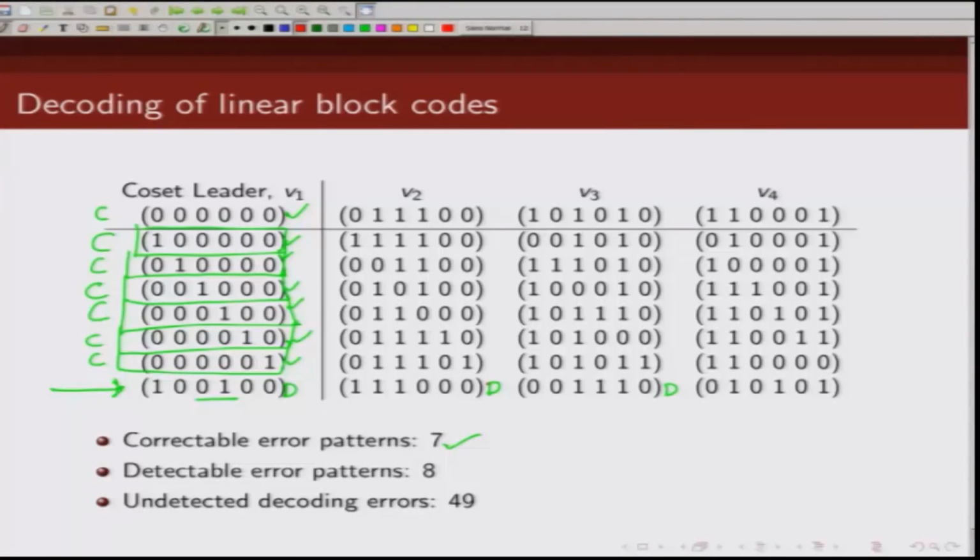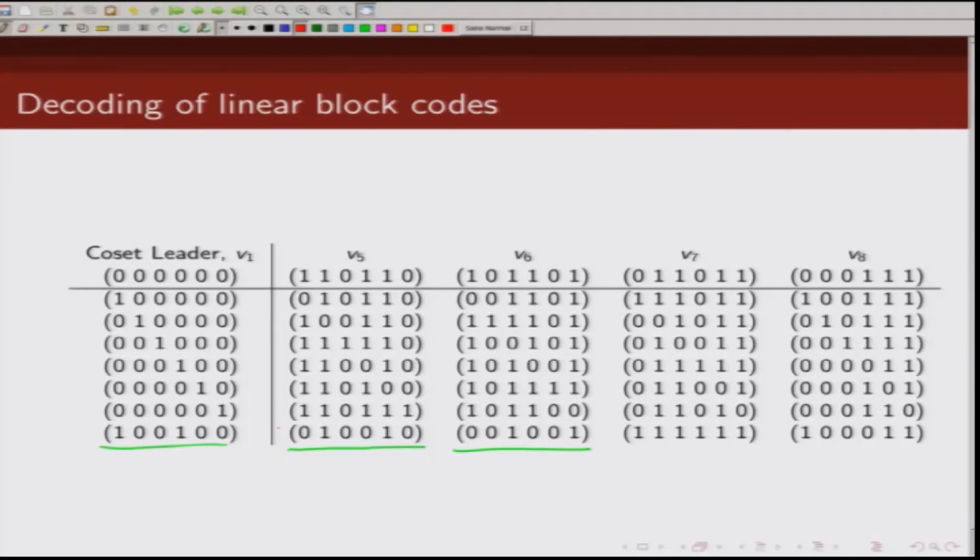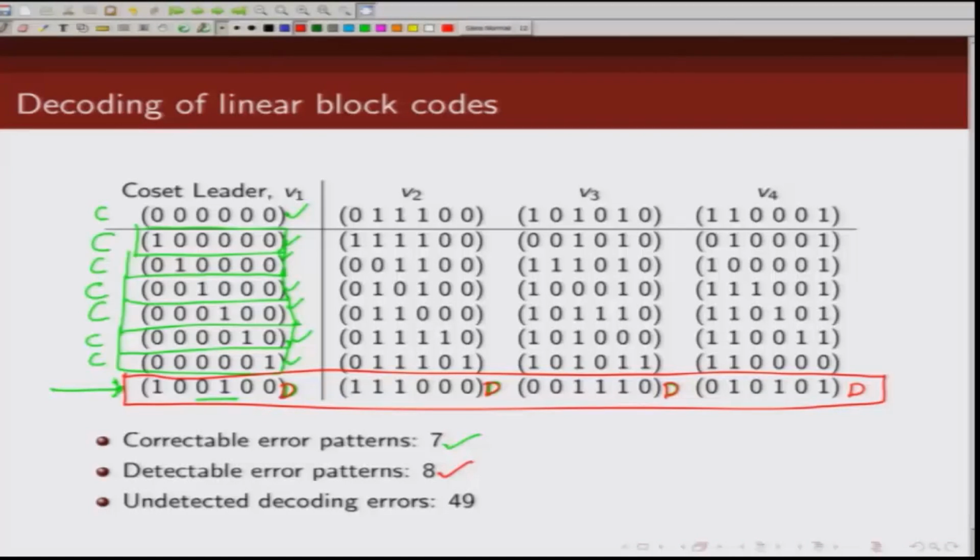So, I use red, these are my detectable error pattern, these are my detectable error patterns. These are 4 of them, and then remaining 4 are these. So, these are my 8 detectable patterns, error patterns.